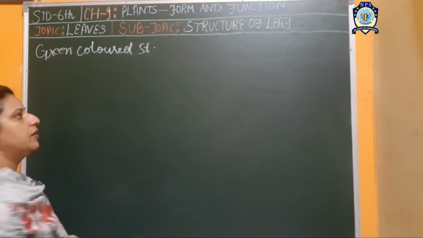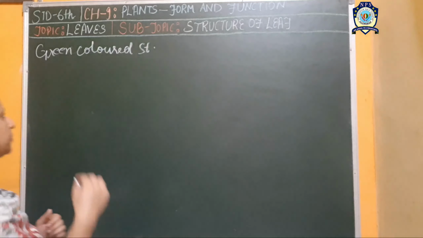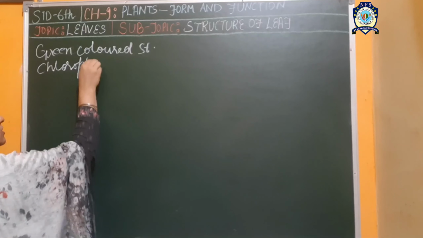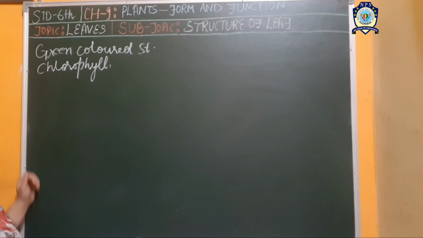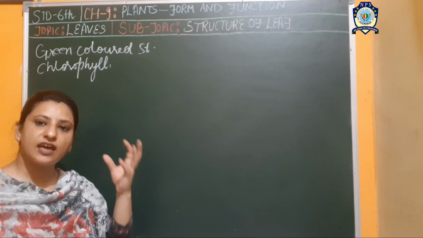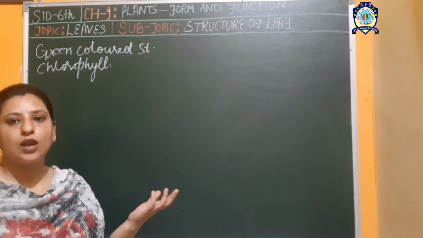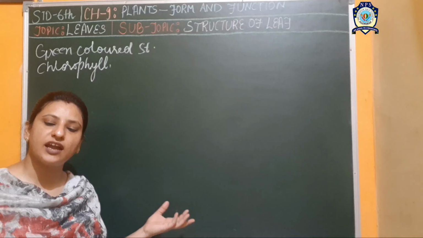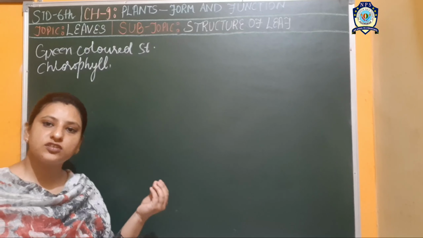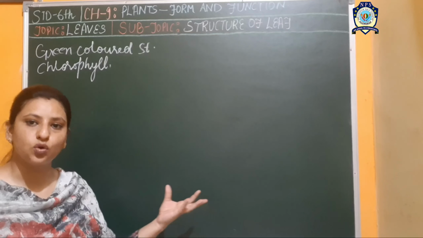green structure, and leaves are green color because they contain the pigment which is called as chlorophyll, and this chlorophyll will help in trapping the sunlight, and when the sunlight is trapped, then with the help of water and carbon dioxide, sunlight and chlorophyll, the photosynthesis will take place and there is formation of the glucose.